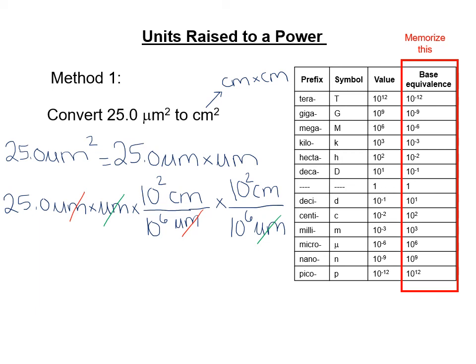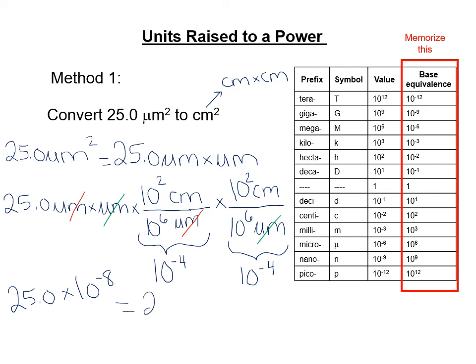So when units are raised to a power, you need to do the conversion as many times as the power, okay? So 10 squared over 10 to the 6th is 10 to the negative 4th, because I subtract their powers since it's division. So this becomes 25.0 times 10 to the minus 8, okay?